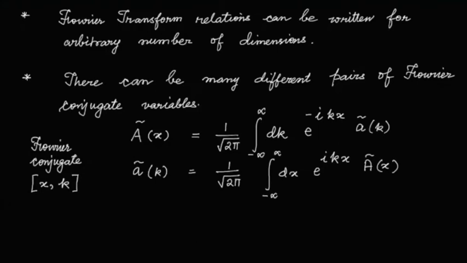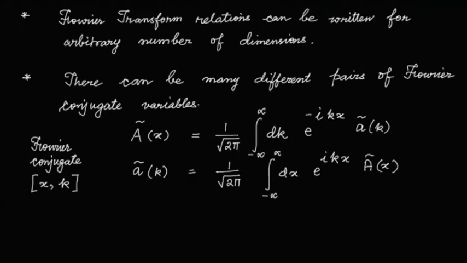Sir, how to know if a given pair is Fourier conjugate or not? Okay, so it is not that for a given pair of variables they are Fourier conjugates; you have to define the Fourier transforms between them. It's not a relation that already exists and then you look at it.